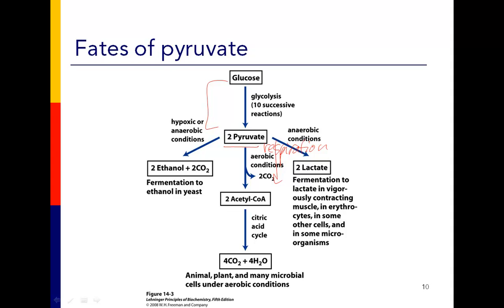Do you know what other cells produce a lot of lactate? What other cells don't have enough oxygen? Well, muscles under high energy demand, but also red blood cells, which are oxygen deficient, or at least don't have a surplus to do respiration.